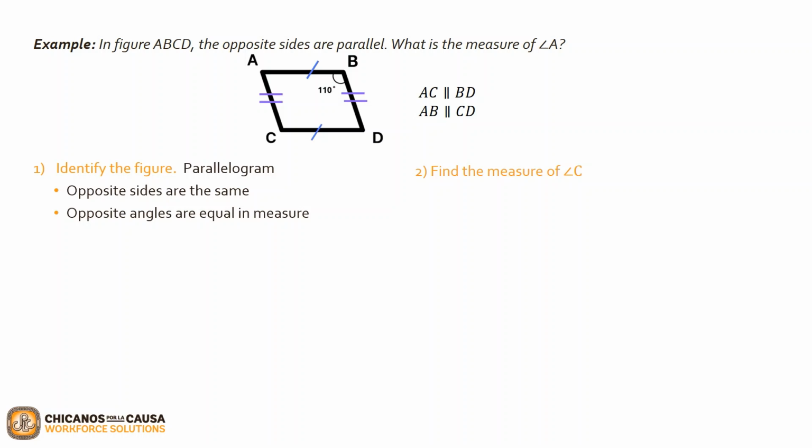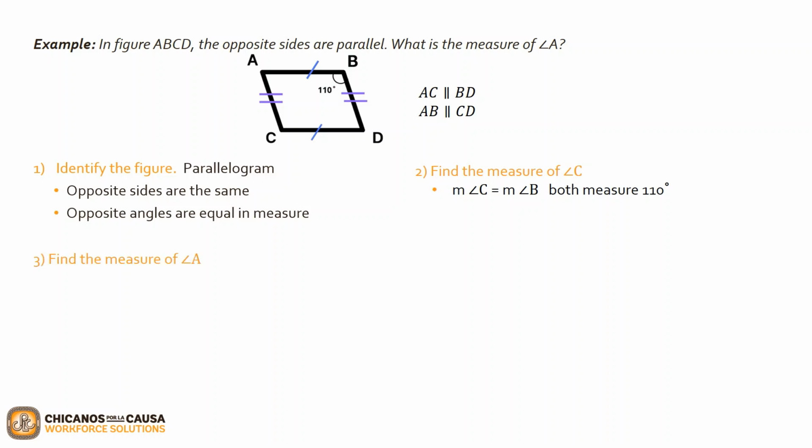So based on the parallelogram properties, opposite angles are equal in measurement, and angle C is opposite of angle B. Therefore, we know that the measurement of angle C is the same as the measurement of angle B. So they both measure 110 degrees.